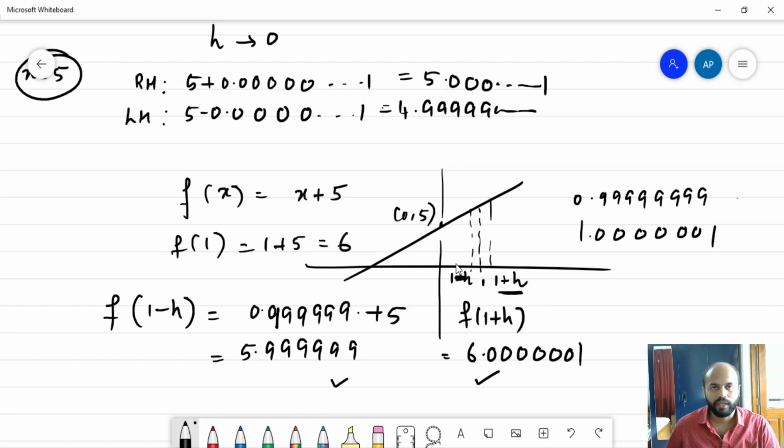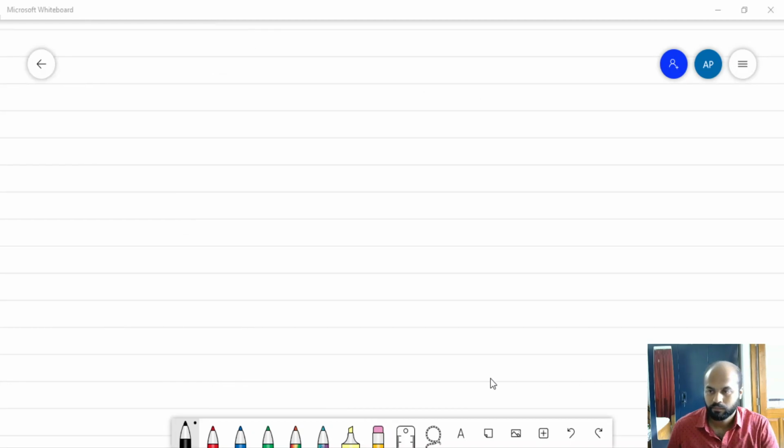Now let's take some more cases and try to understand why we require the concept of limit. Before that, we have to understand the existence of a limit. Whatever limit we are finding, that limit has to exist first. And for that limit to exist, there are certain conditions.